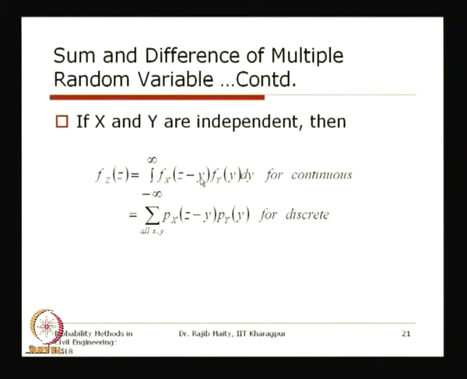Similarly, in the case of the discrete random variable, this will be for all possible x and y. We can write p_X of z minus y and p_Y of y. For both the continuous and the discrete cases, you can even replace y and do this integration with respect to x, which you can understand from the previous slide.